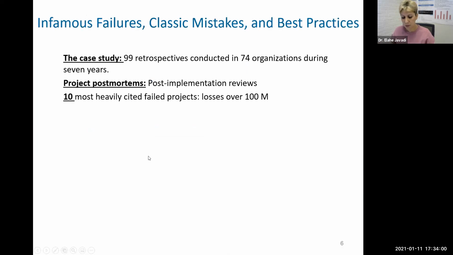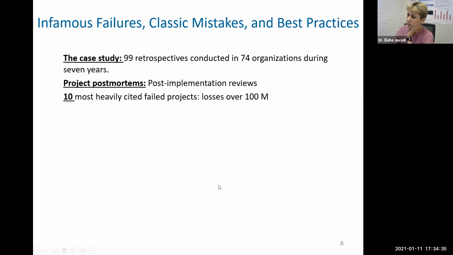People have done studies of the projects. There is a case study called Infamous Failures: classic mistakes and best practices. They did post-mortem reviews of 99 projects in 74 organizations. These are the 10 most heavily cited failed projects. They include Nike, Hershey, Bank of America, and a lot of other big names that you have been hearing about in the business.